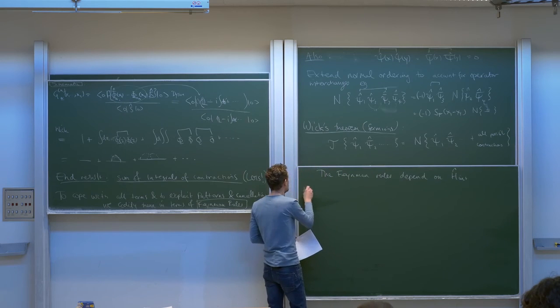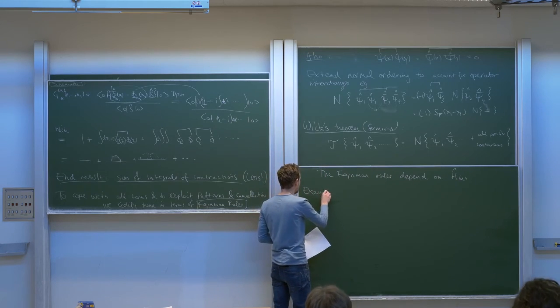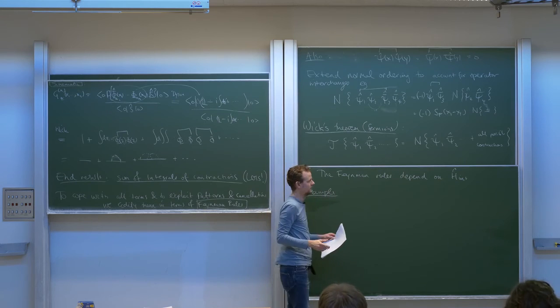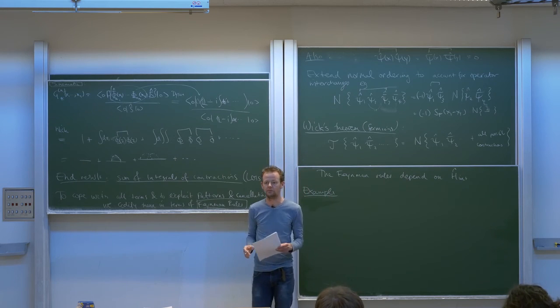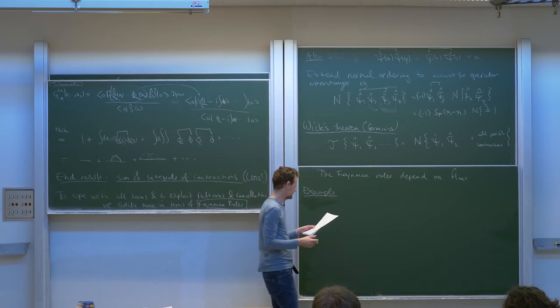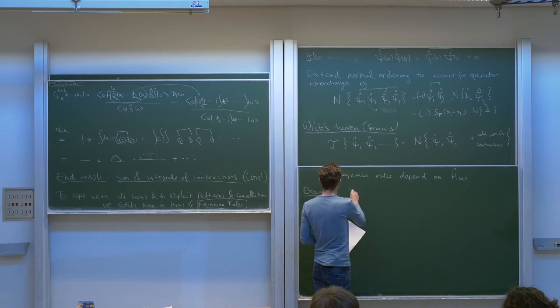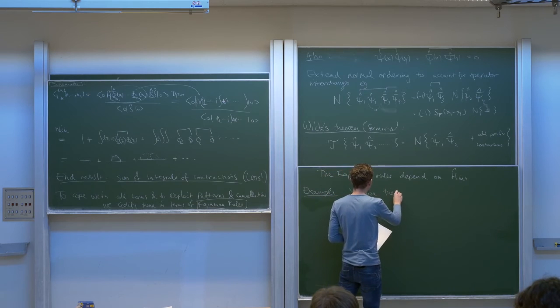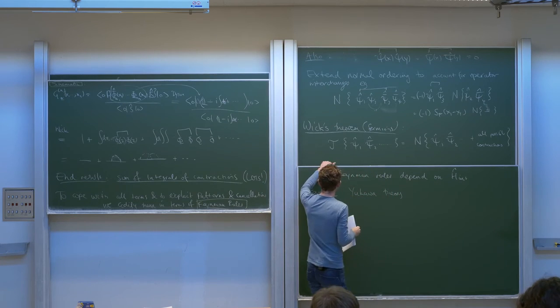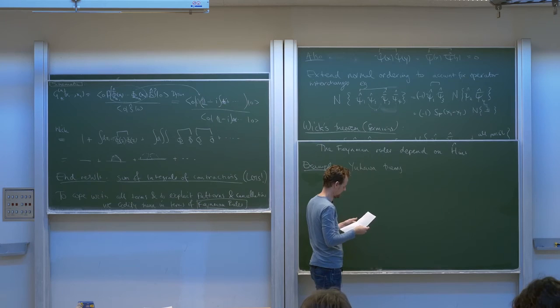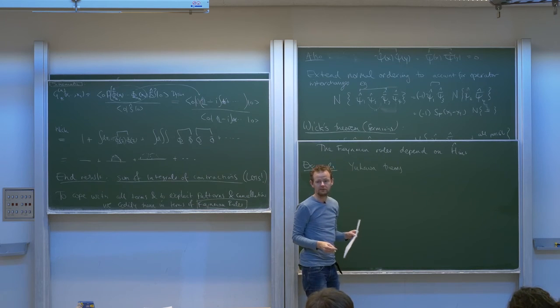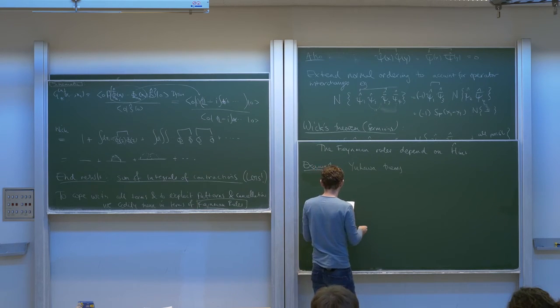So I'm going to give you an example of an interacting boson, fermion boson theory, like the simplest one. It's not a particularly healthy theory. But as an effective theory, it makes perfect sense. So it's called Yukawa theory.